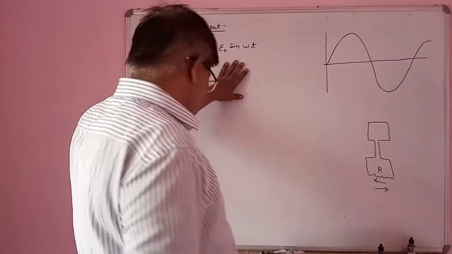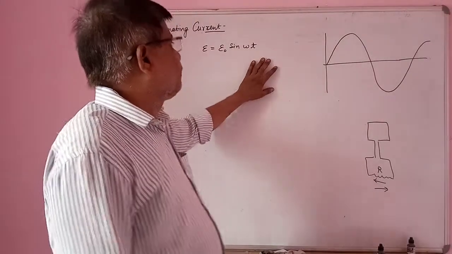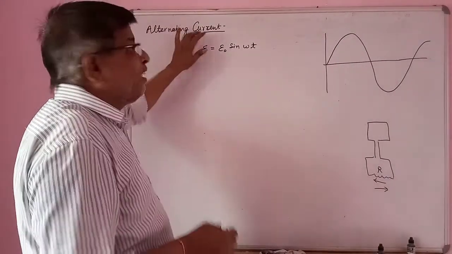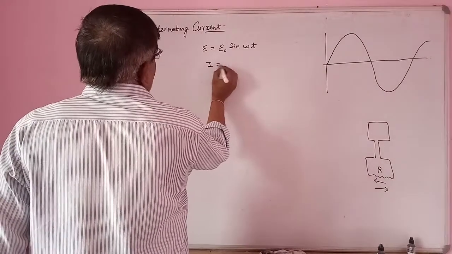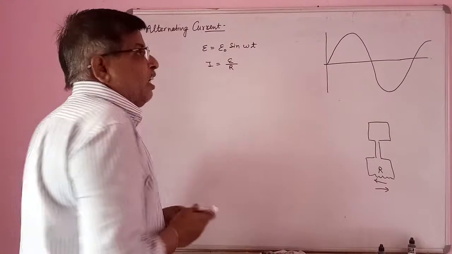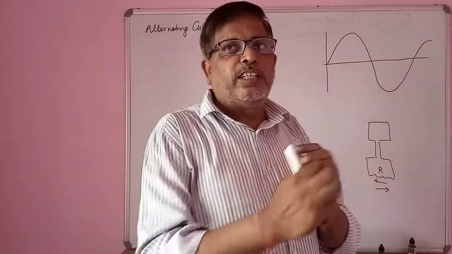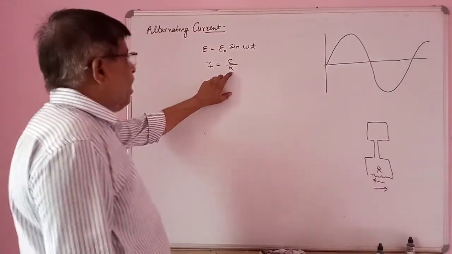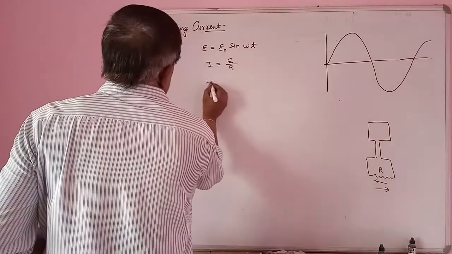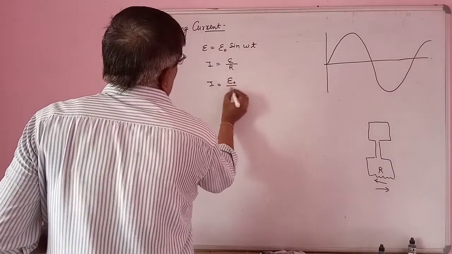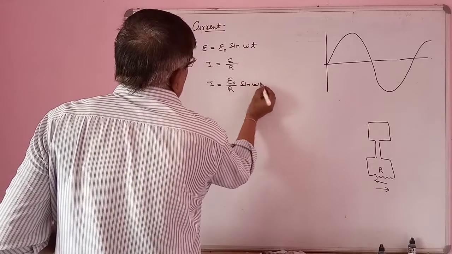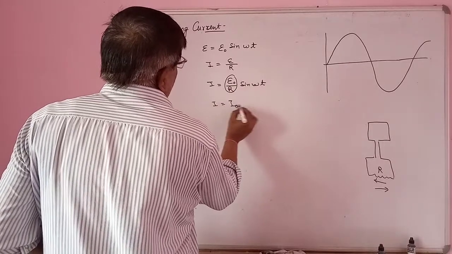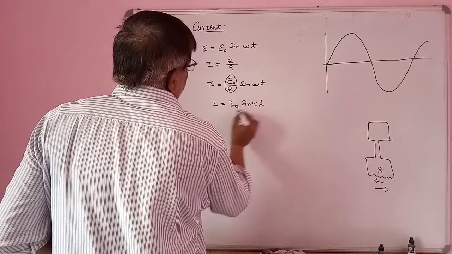And if we are talking about current, since the topic is current, we know I equals E upon R. If the total resistance of the external circuit, connecting wire and coil is R, then the value of I will be E naught upon R sine omega t, and this is called I equals I naught sine omega t.